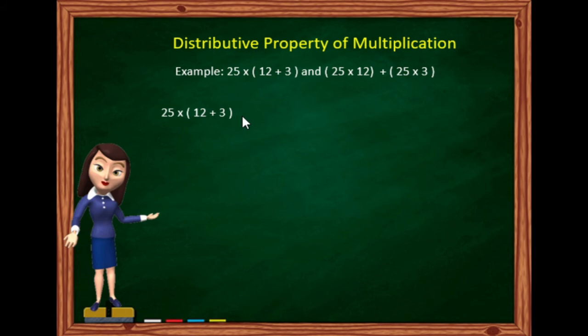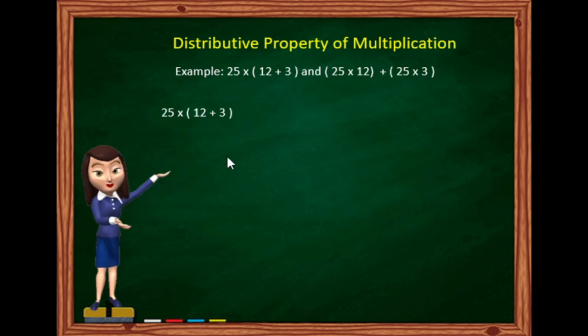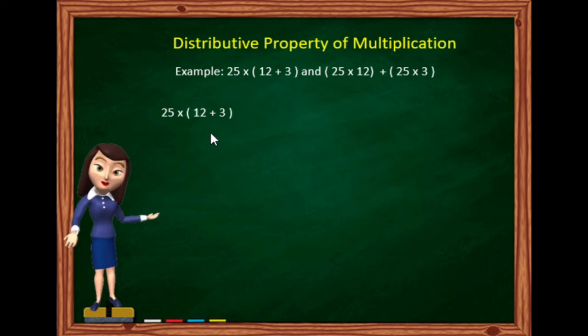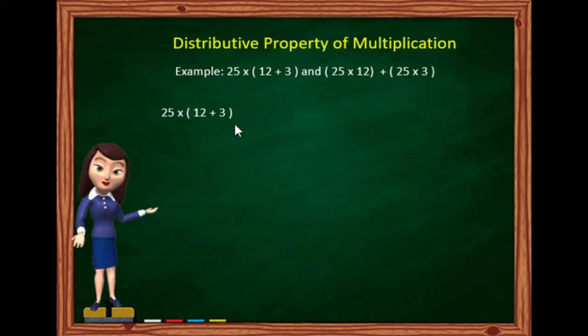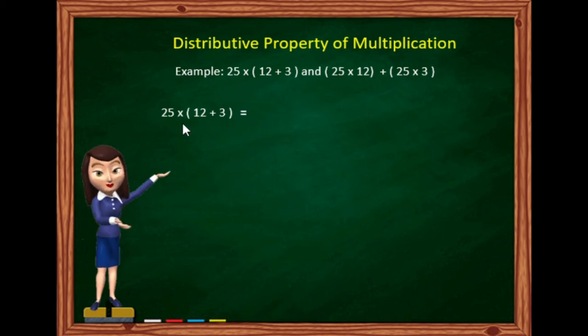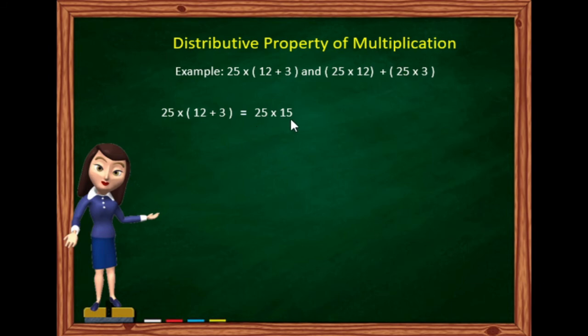As I have said before, you can solve first the one inside the parenthesis. So what's inside the parenthesis? It's 12 plus 3. And what is 12 plus 3? It's 15. So 25 times 12 plus 3 equals 25 times 15 because 12 plus 3 equals 15.